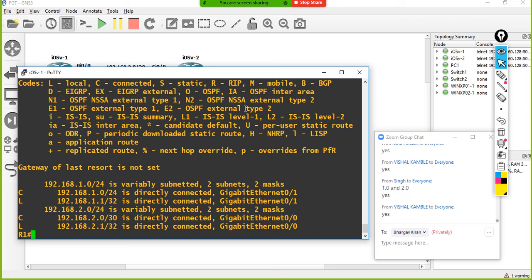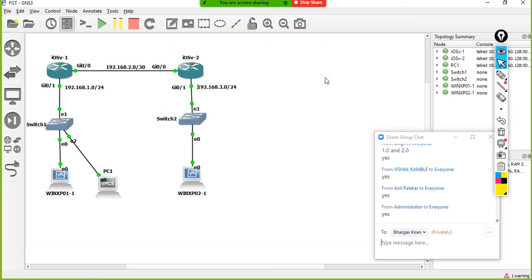So I just want to ask you one question, guys. Router 1 is saying that the connected networks are 192.168.1 and 192.168.2. What is the meaning of that?